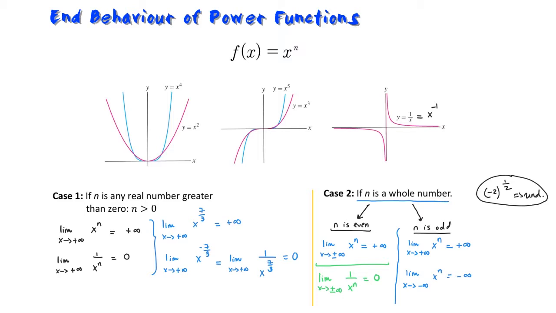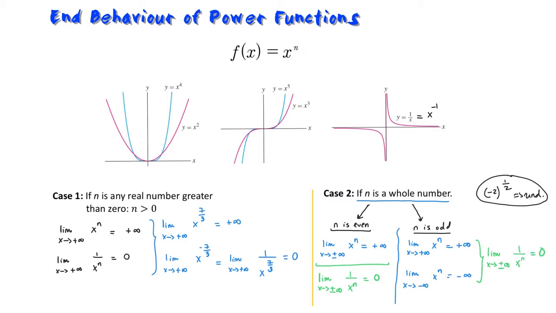Again, hopefully you can see that easily. As x to the n gets very, very large, because of this case above, 1 over x to the n gets very, very small. And in this case right here, same idea. The limit as x approaches positive or negative infinity of 1 over x to the n will be equal to 0.